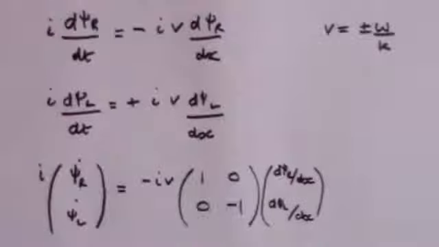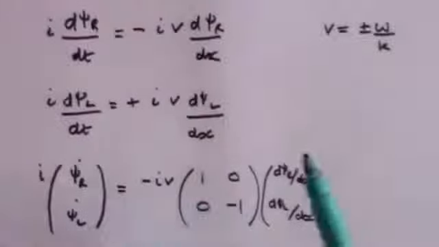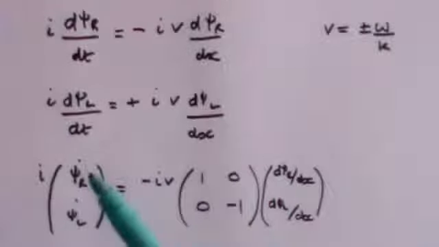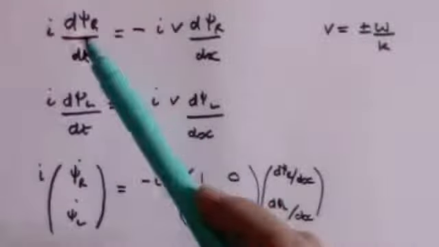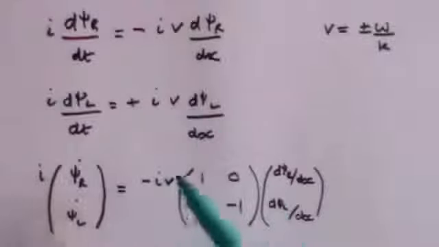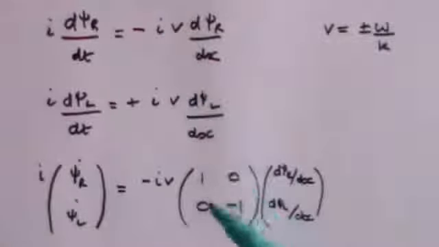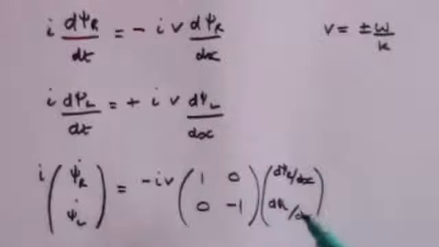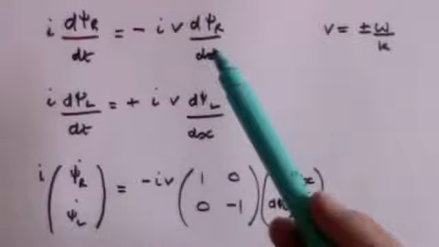And if you multiply those through, taking the top and the bottom, you'll find that you'll get these formulae. i times psi right dot, which is that term there, is equal to minus iv, that's that term there, into 1 times d psi right by dx plus 0 into d psi left by dx. And that simply gives you the d psi right by dx.